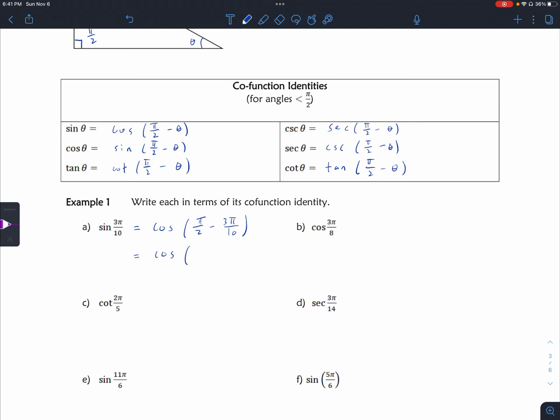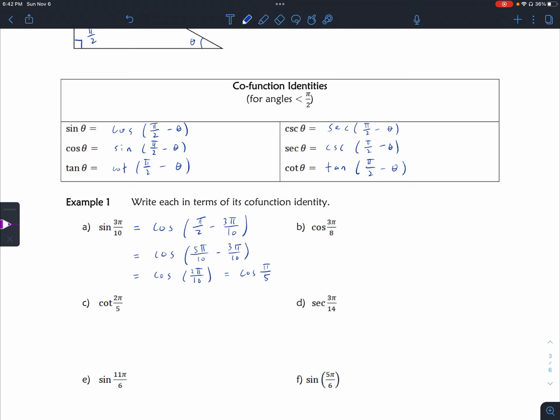That's going to be cosine of 5 pi over 10 minus 3 pi over 10, which is cosine of 2 pi over 10, which is equivalent to cosine of pi over 5.